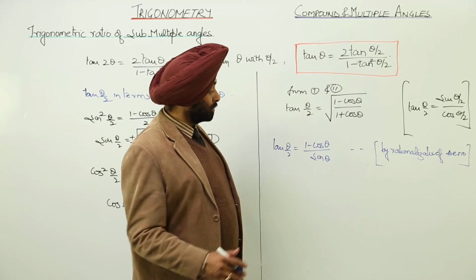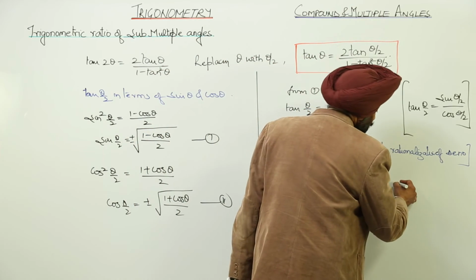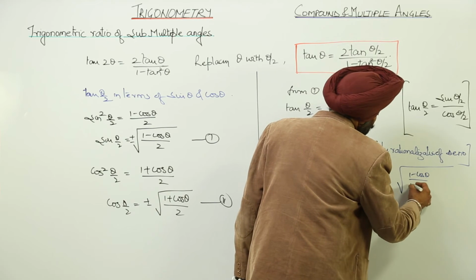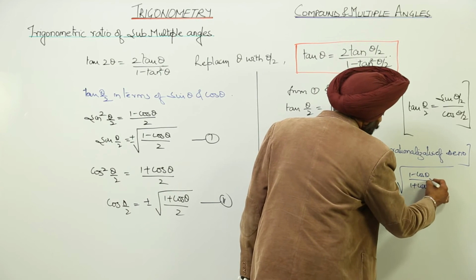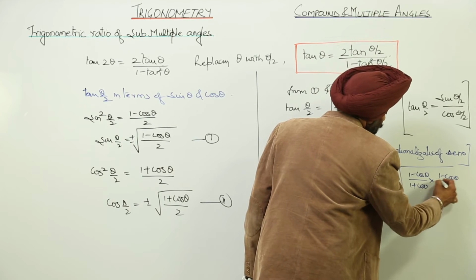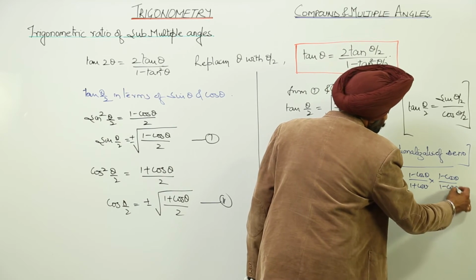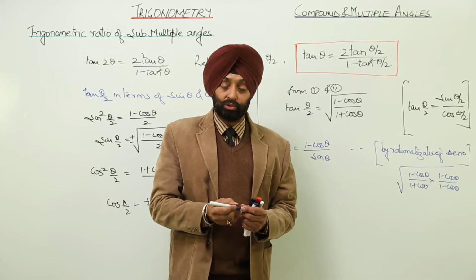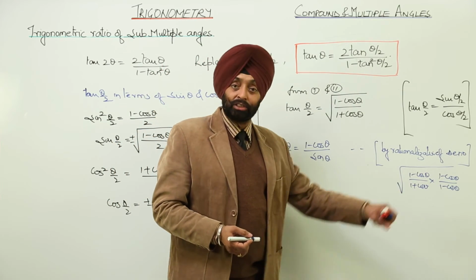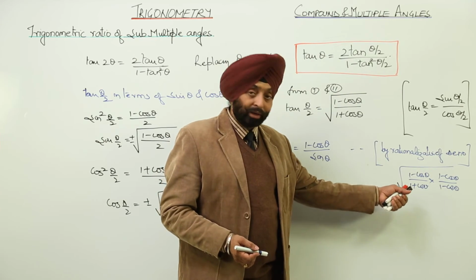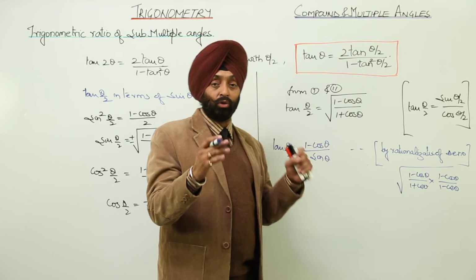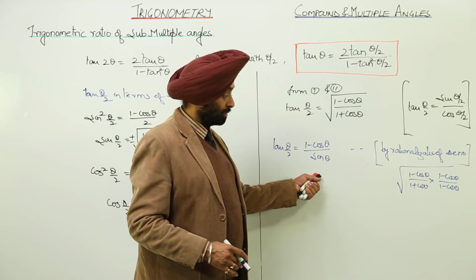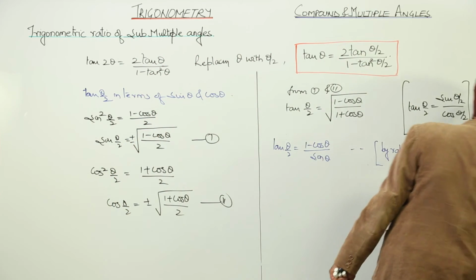Now what we are going to do here, for this one we are just writing 1 minus cos theta upon 1 plus cos theta times 1 minus cos theta upon 1 minus cos theta. So upside it becomes 1 minus cos theta whole square upon 1 minus cos square theta. So this becomes 1 minus cos theta upon sin theta whole square under the root. So it goes to this part. Is it clear?